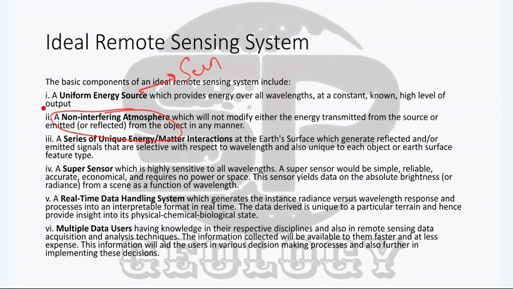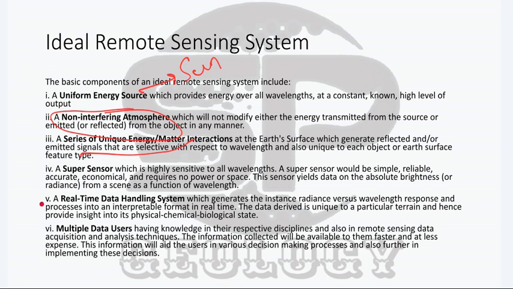Non-interfering atmosphere means there should be no role of the atmosphere in the whole process. Then a series of unique energy or matter interactions, where matter means the objects, like vegetation, buildings, soils, which are our target matters.